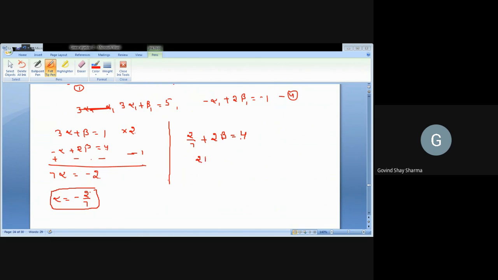So 2 beta is equal to 4 plus 2 by 7, which is 26 by 7, and beta is equal to 13 by 7.